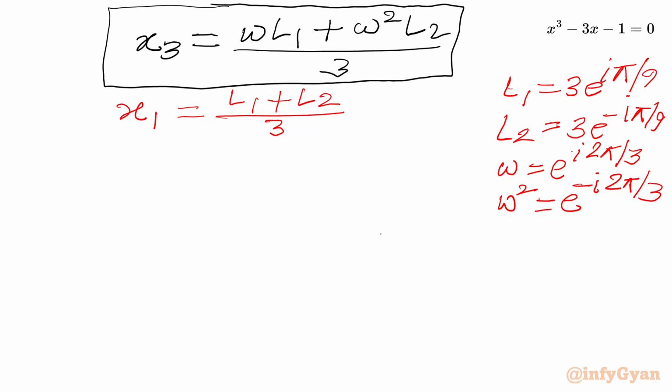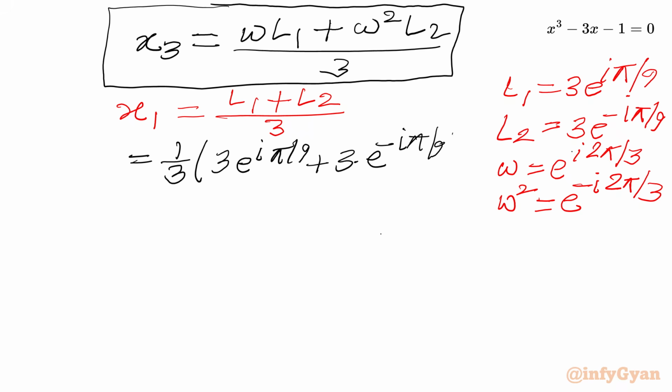Let us calculate x1 first. So L1 is 3 times e power i pi over 9. I will keep 1 over 3 outside. In the bracket, we will write 3 times e power i pi over 9 plus 3 times e power minus i pi over 9. We will take 3 common out, so it will cancel the denominator 3.